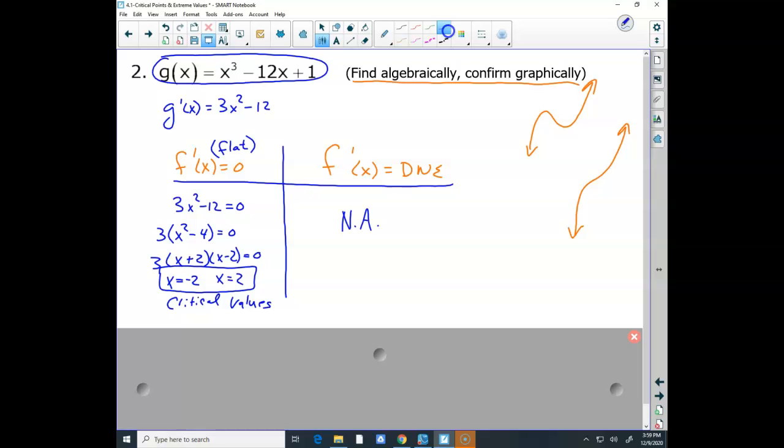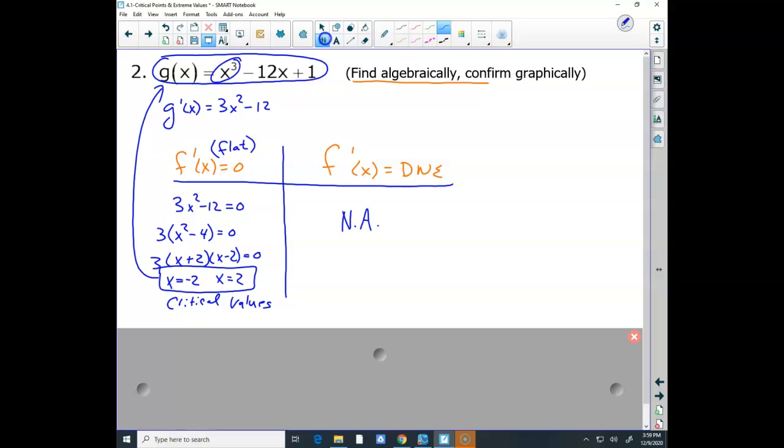Now I would want to find the actual points, because I have 2 critical values, 2 flattenings on a cubic function. I know it's going to look like that, hopefully. How do I find where those maxes and mins are? I plug them and chug them in there.